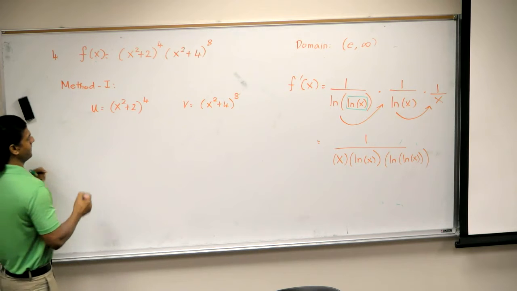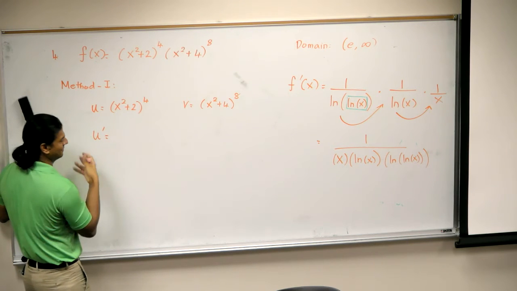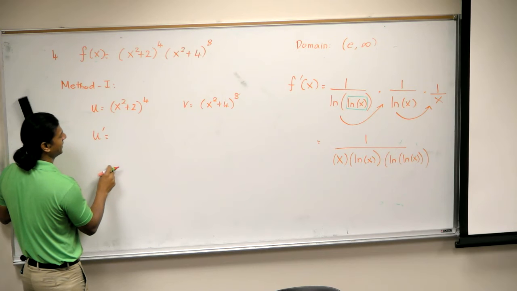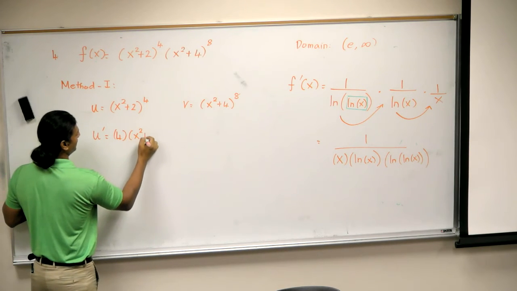What is u prime? Using the chain rule, it'd be 4 times x squared plus 2 raised to 3 times 2x.